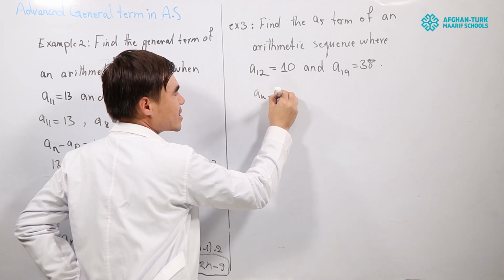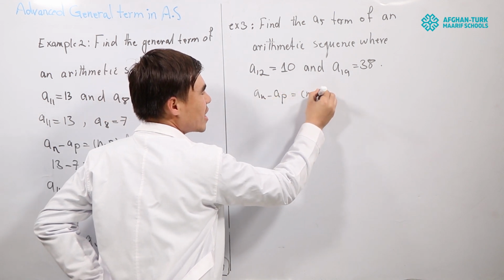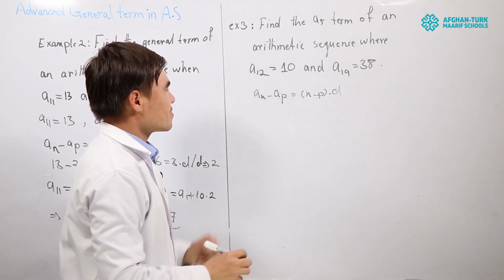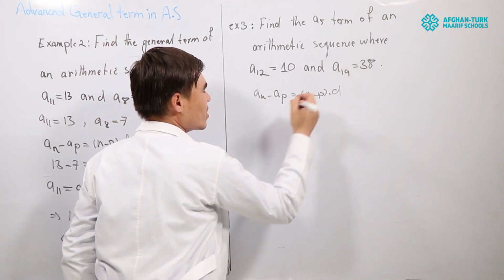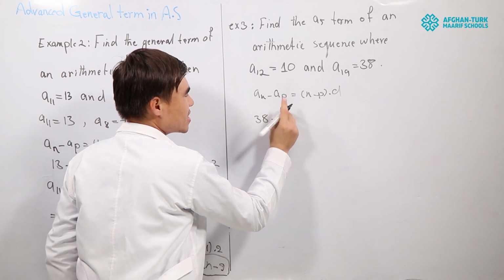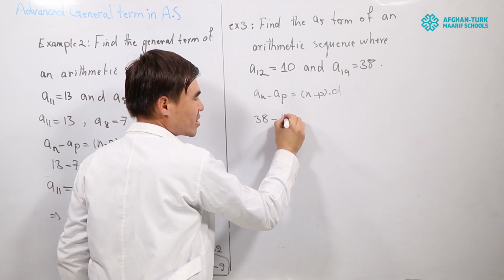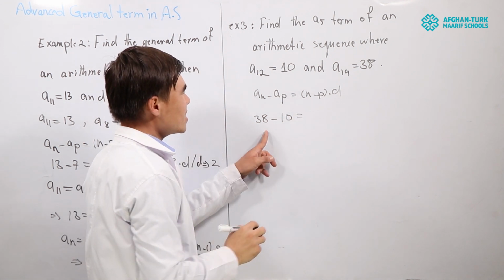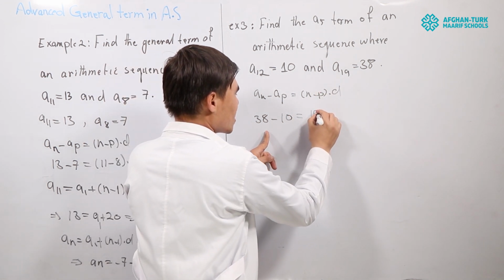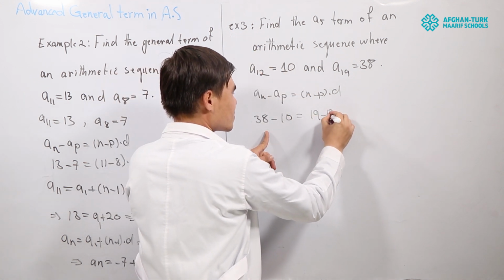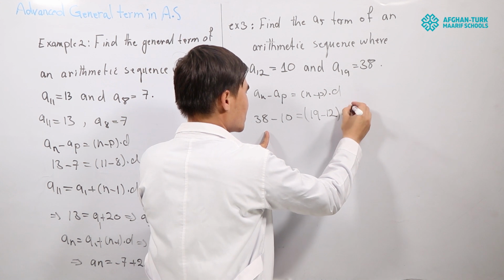Here we will use a_n minus a_p is equal to (n - p) times d. a_n is a_19, which is 38, minus a_p, which is a_12, given to us as 10, equal to n is 19 minus 12, times d.